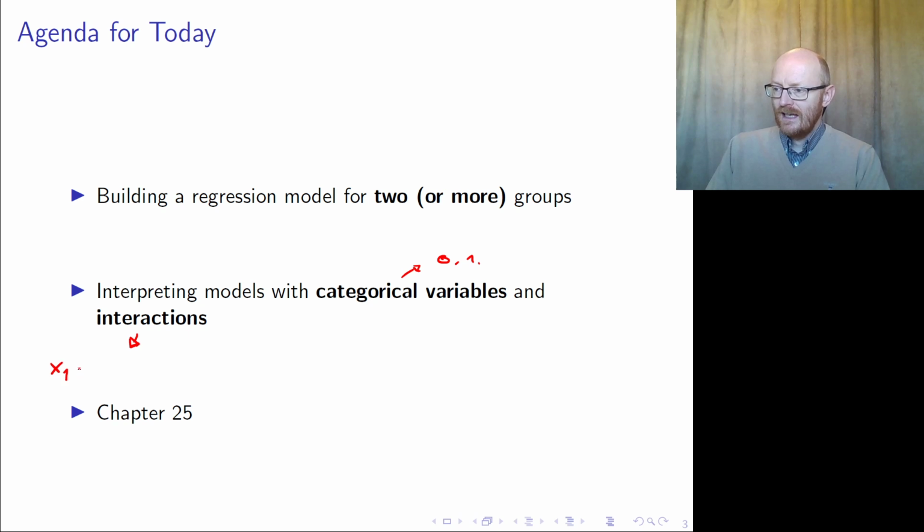if you have x1 plus, let's see, if you have your regression model, for example, y hat equals b naught, plus b1 x1, and you have another explanatory variable, x2.